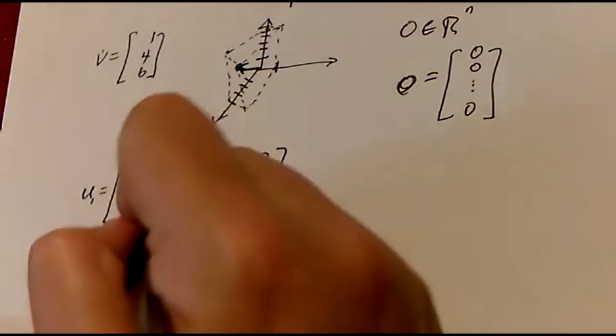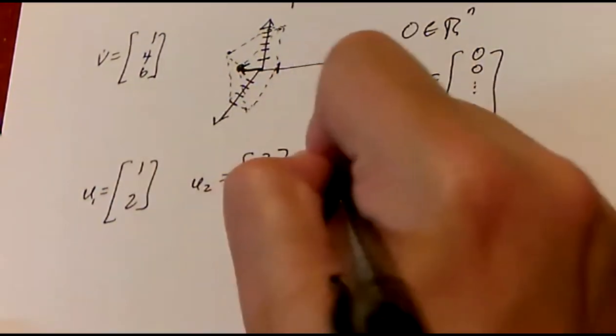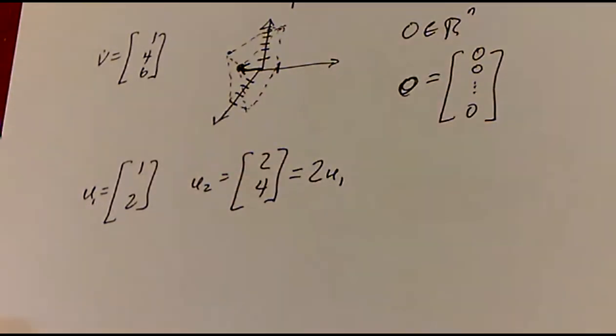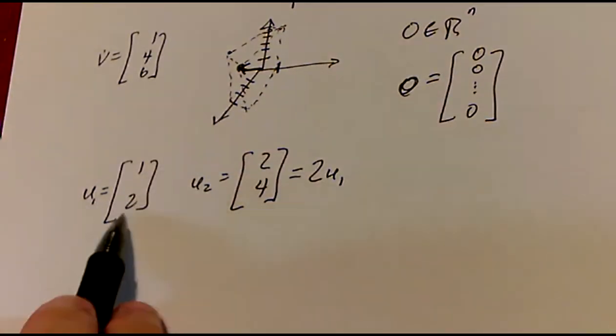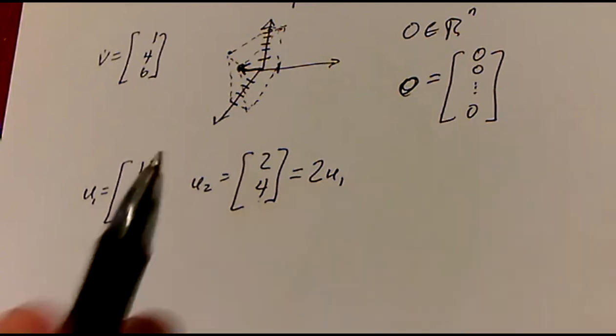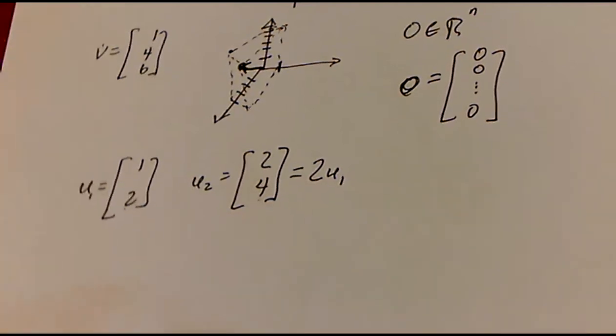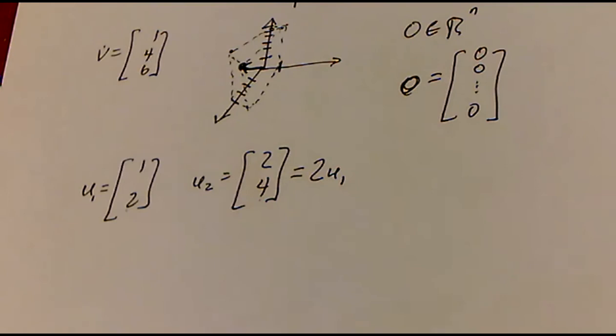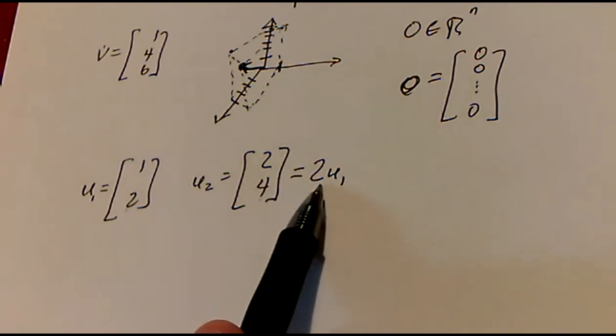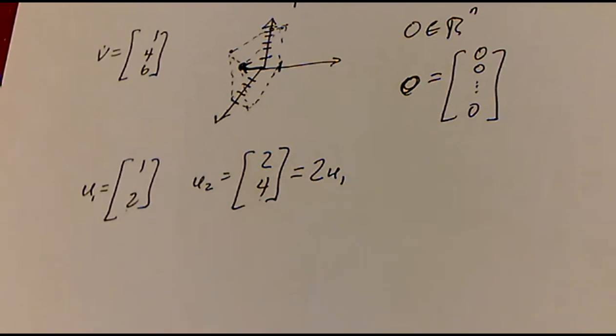What do we notice about u2? u2 is actually the same thing as two copies of u1. So even though I have two vectors here, I don't actually have something that spans all of R2. It only covers one dimension because this is two copies of the first vector. If you have two vectors that are not overlapping, you get all of R2.